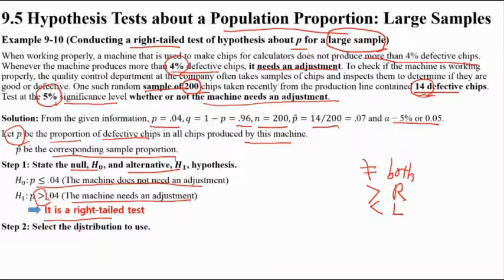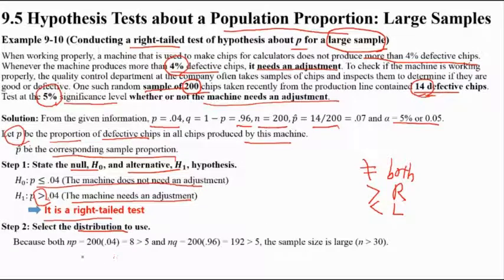Second, what kind of distribution are we going to use? They give the condition: first of all, a large sample. Because it is a proportion, we always check that np and nq are greater than 5. Here, 8 and 192 are of course greater than 5.